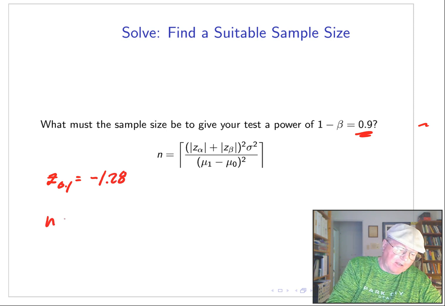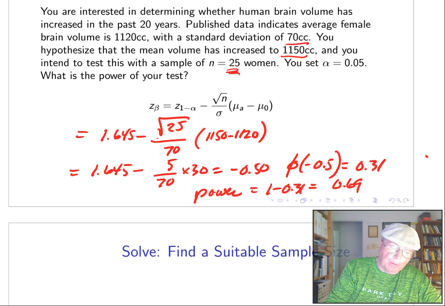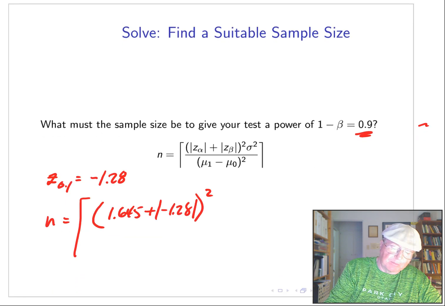And then n, well, let's see. We're going to have 1.645 plus the absolute value of minus 1.28. We're going to square all that. Our standard deviation was 70.